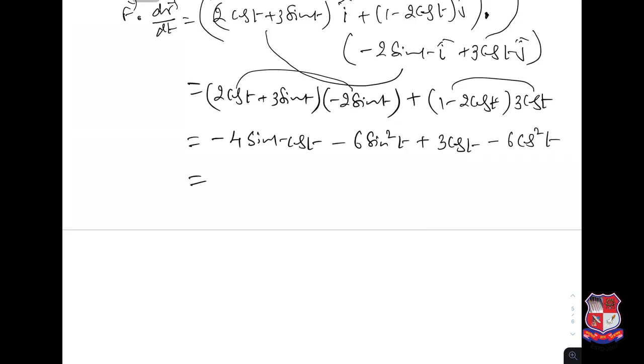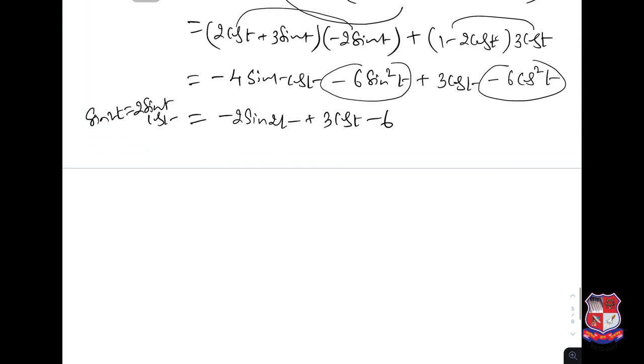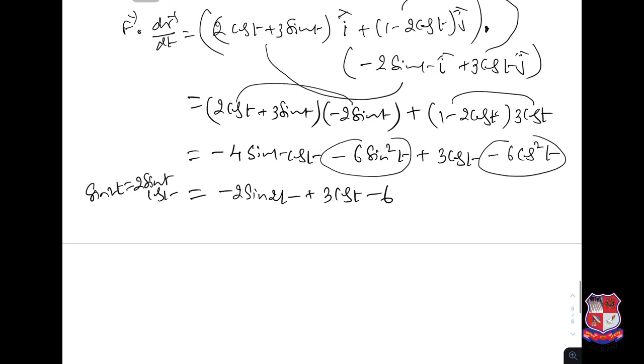So can I use the result 2 sine t cosine t as sine 2t. So this is minus 2 sine 2t. Then minus 6 sine square t minus 6 cos square t, so that is minus 6, and this is plus 3 cosine t minus 6. So this is F dot dr by dt.